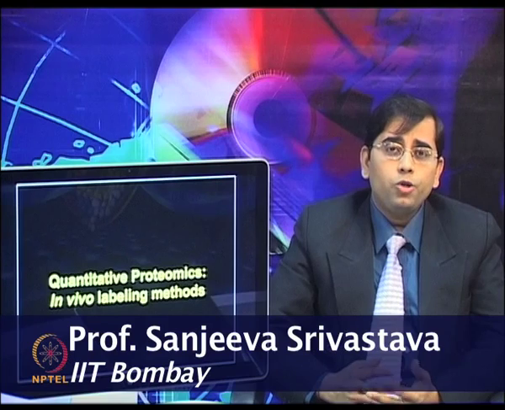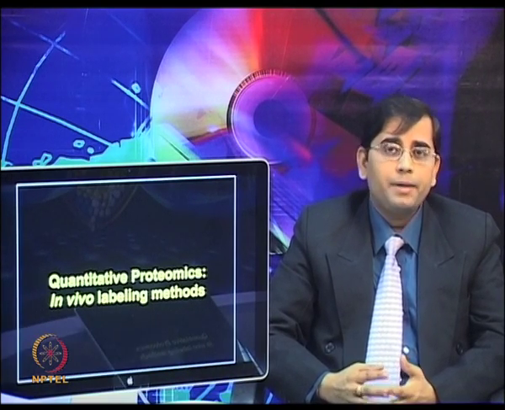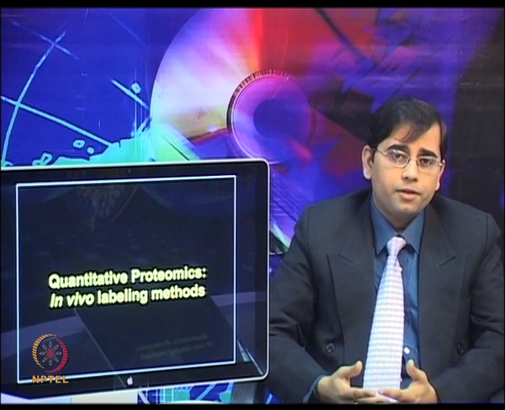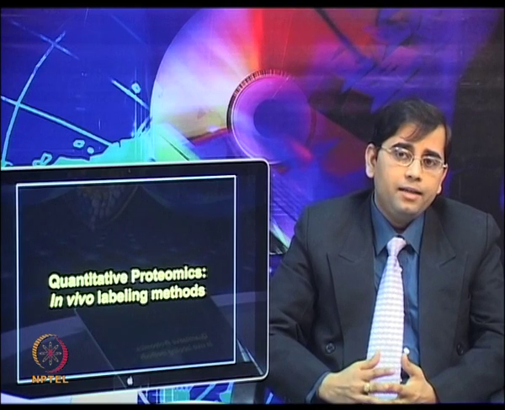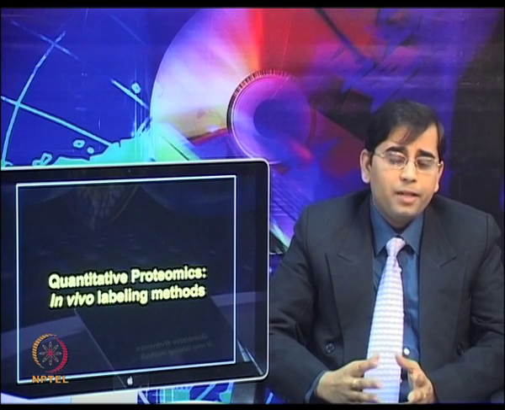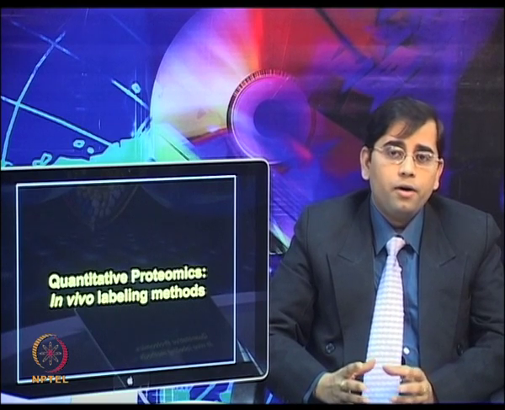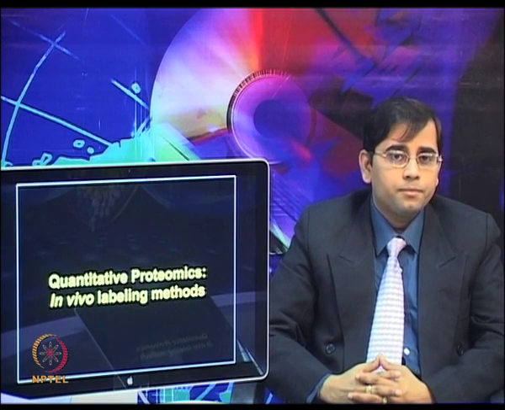The labels can also be introduced by performing tryptic digestion in the presence of heavy water. Many methods using isotopically labeled reagents that react with specific amino acids or the protein N terminals have also been developed.